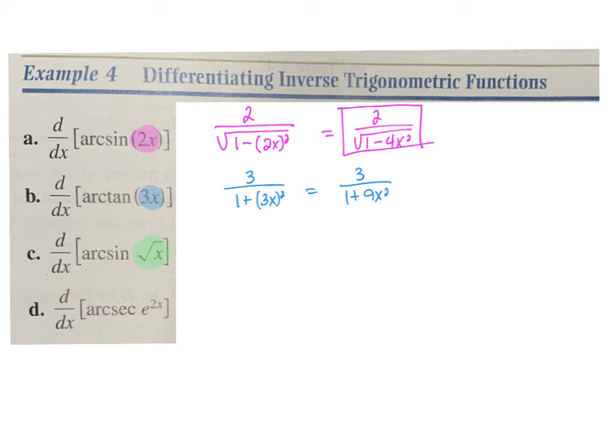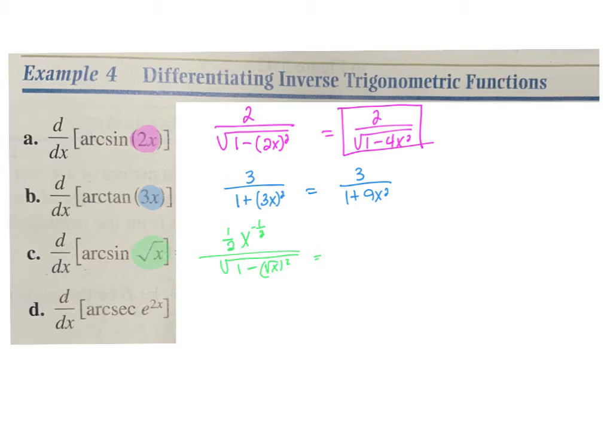For this one, it's a little bit more difficult. My function here is the square root of x, and we're doing arcsine again. So the derivative of square root of x is 1/2 x to the negative 1/2, right? We're going to put that over the square root of 1 minus the square root of x squared.